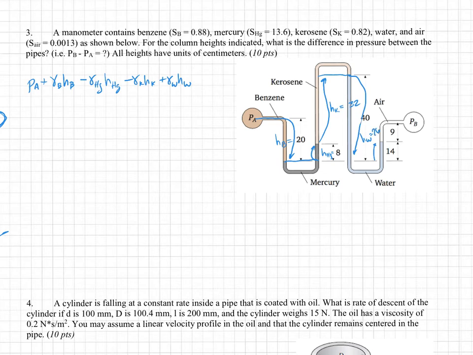HW equals 26. Okay, and then we've got this air, and we'll go minus gamma air times H air, and that's what, 9. Yeah, it looks like that's 9. So this is H air, and that's going to get us to PB.